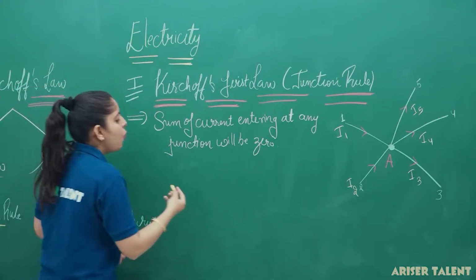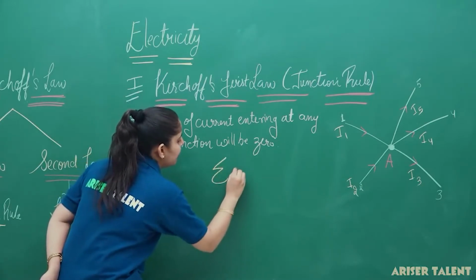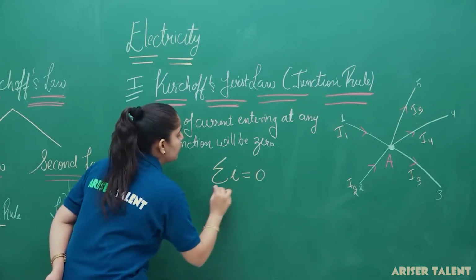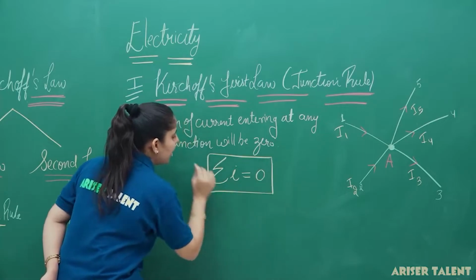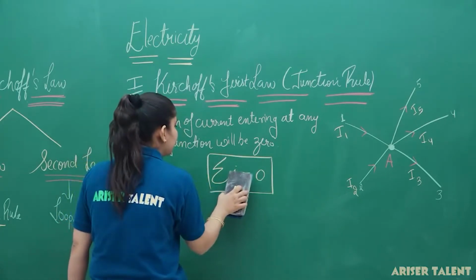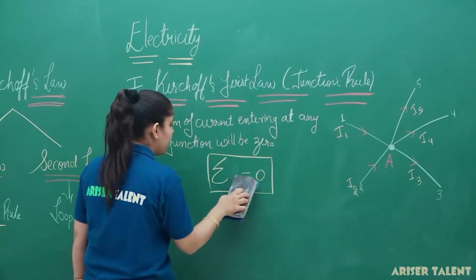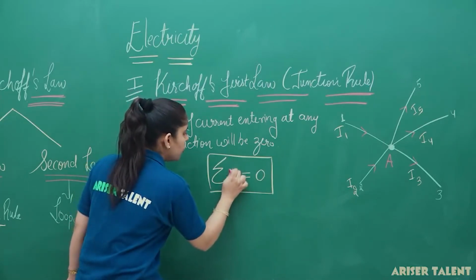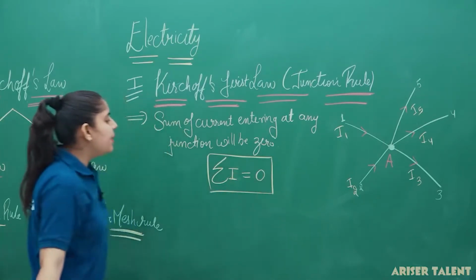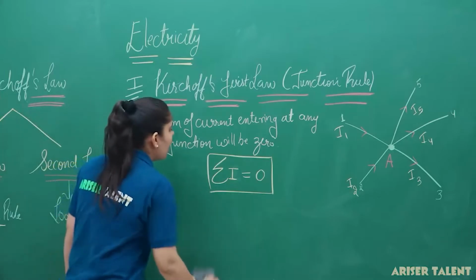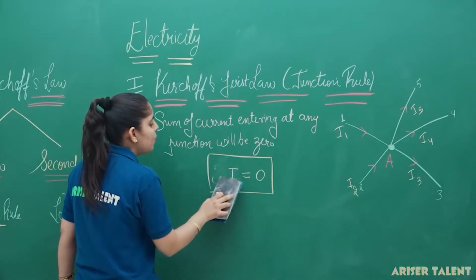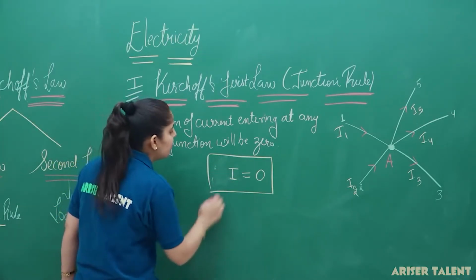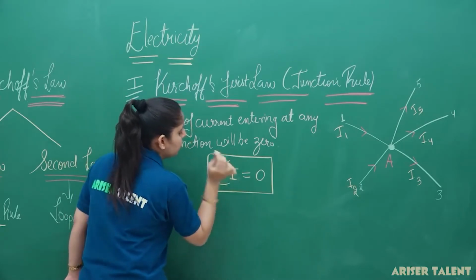In the form of a formula, I can write summation of I equal to 0, or we can also write it as capital I because current is denoted by the capital I. So the summation of I equals 0, and it states that the sum of the currents at a particular junction will be equal to 0.